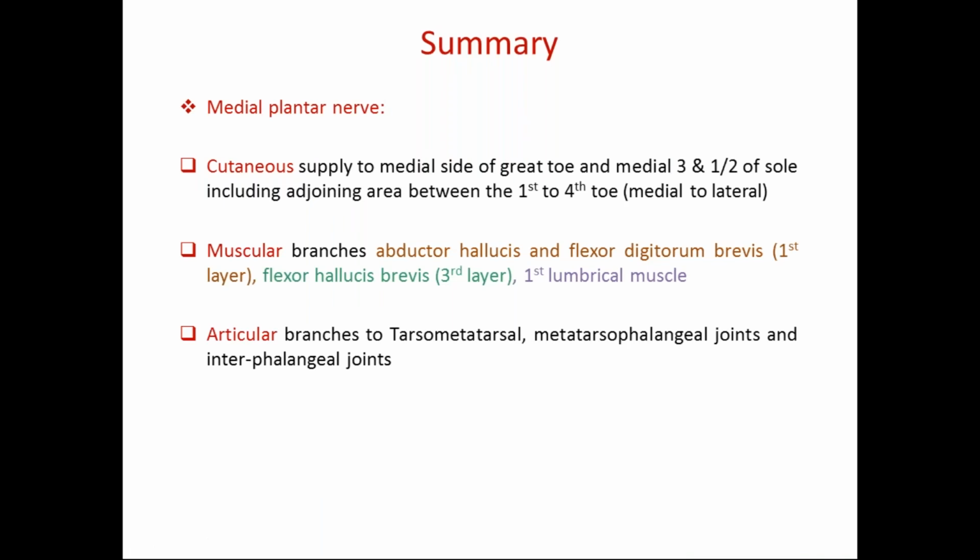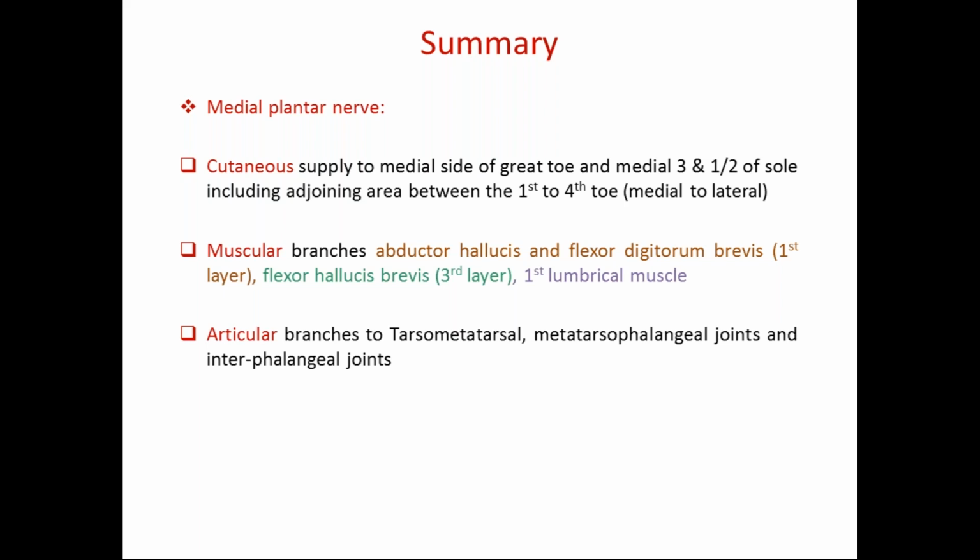So in summary, if we talk about the cutaneous innervation, the medial side of the great toe, the medial 3.5 of the sole, including the 3.5 of the toes, and the adjoining area between the first to fourth toe are going to be innervated by the medial plantar nerve. Only four intrinsic muscles of the sole are innervated by the medial plantar nerve.